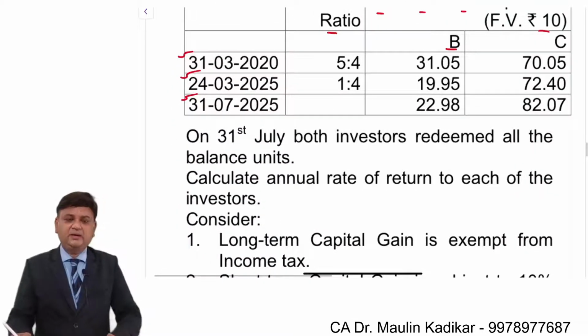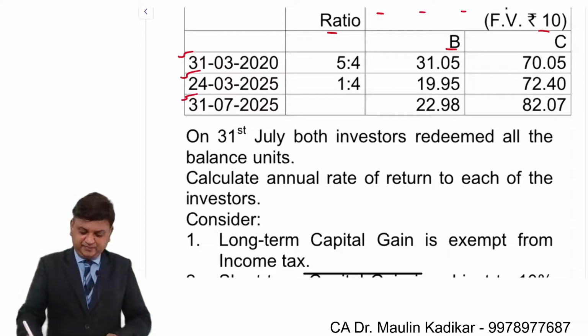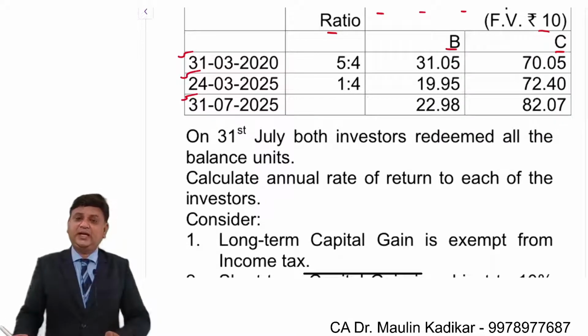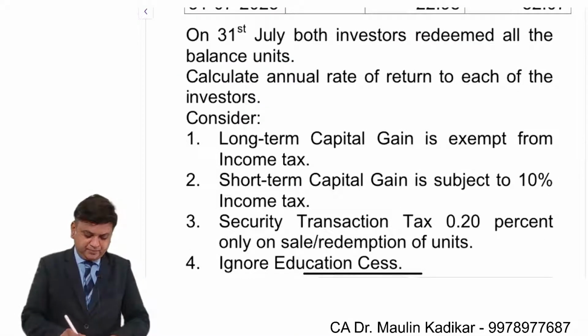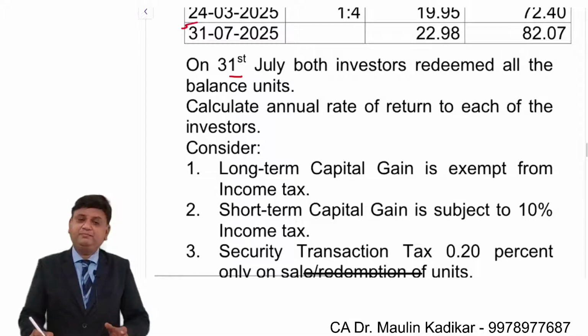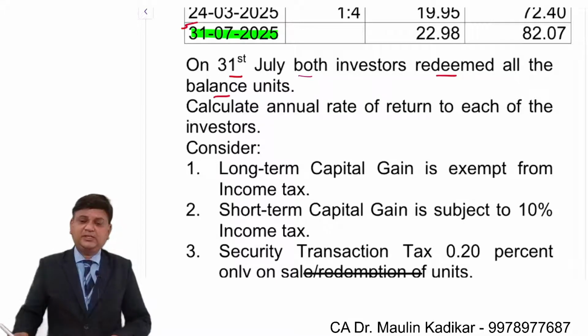For Plan B, NAV per unit is provided on the different dates, and for Plan C, again NAV per unit is given for different dates. On 31st of July 2025, both investors redeemed all the balance units.